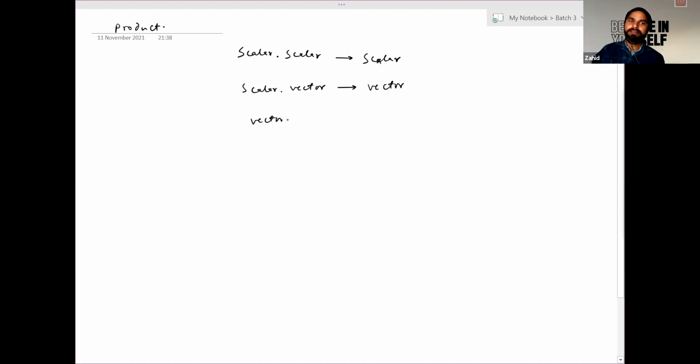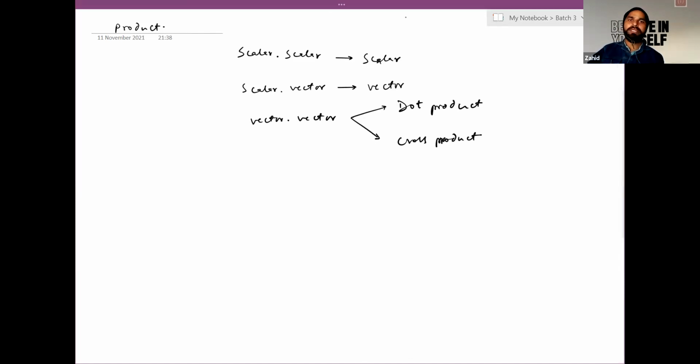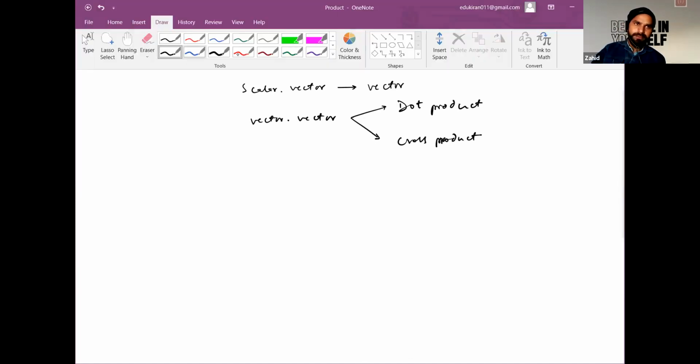Now, on vector multiplying by vector itself, we can multiply in two different ways. First is called dot product, and second is called cross product. So we have to mainly deal with these two terms. What do you mean by cross product and dot product?